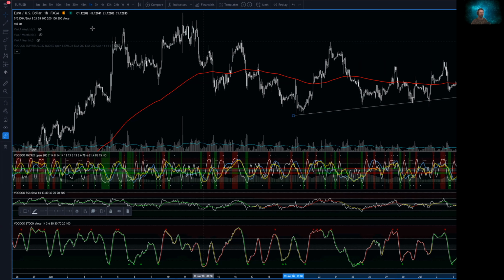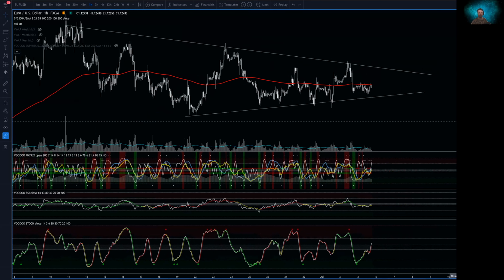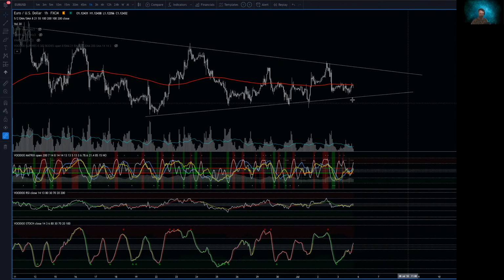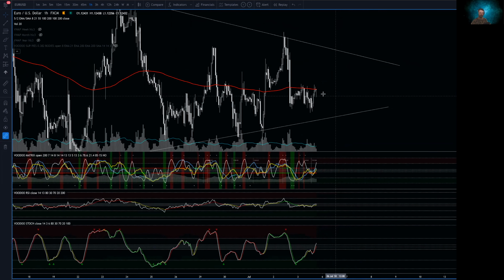We can see some kind of triangle-ish formation finally on the hourly. It can break both ways, basically, because you have certain chances of breaking to the upside, higher than breaking to the downside after the uptrend. But in general, if you want to trade it somewhere here, it's better to short from the 200 EMA to the bottom of the range.